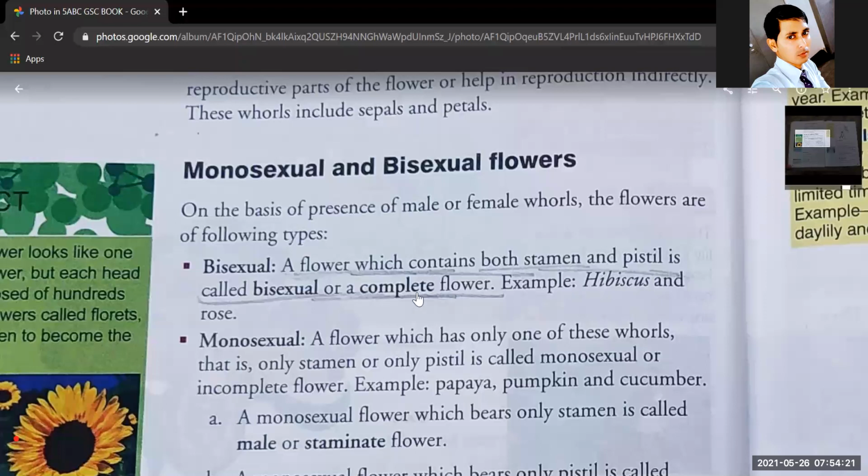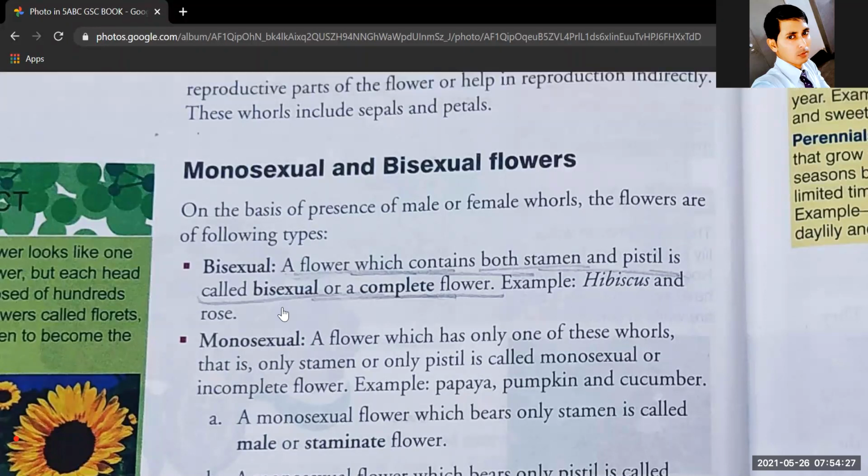For example, hibiscus and rose. If I ask you a question after this theory, like tell me the names of two bisexual flowers, then you have to say hibiscus and rose.